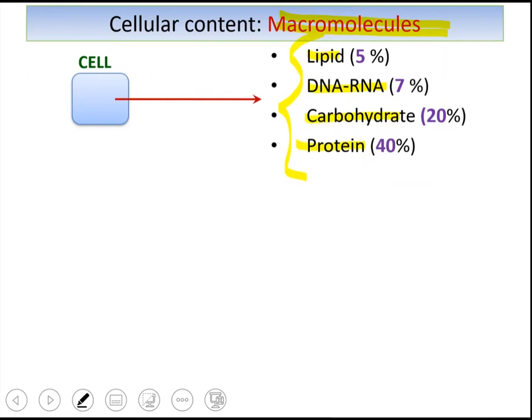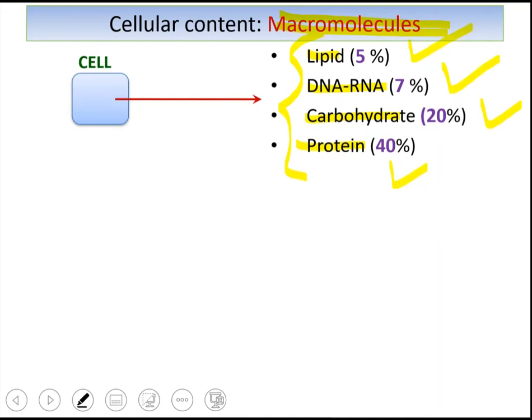For Saccharomyces cerevisiae, for example, a cell is composed of 40% protein, 20% carbohydrate, about 7% nucleic acid, and 5% lipid. This composition can be different across microorganisms or across other organisms.